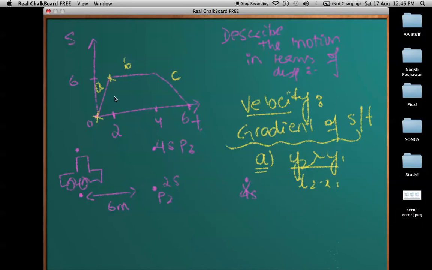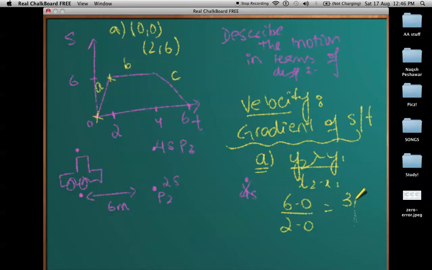The first point I would be taking for A is 0 and 0, and the second would be 2 and 6. So this would become 6 minus 0 divided by 2 minus 0. So this means 3. Gradient is 3.